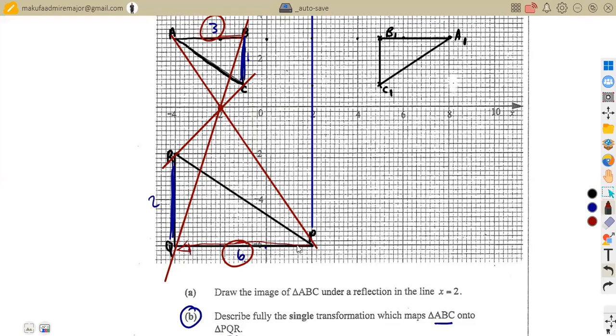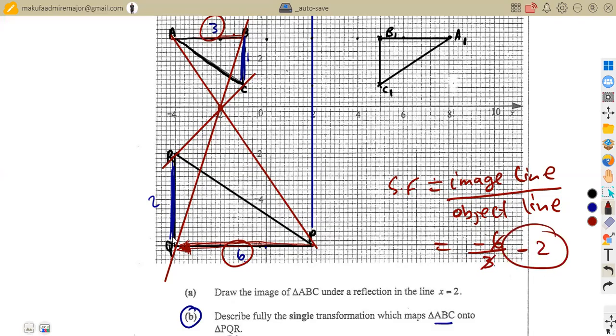So this direction is going to carry a negative. So our scale factor is going to be the corresponding image line over the corresponding object line. What corresponds? The image P to Q is -6 over A to B. From A to B, we are going to the positive. So we are going to obtain a scale factor that is negative.